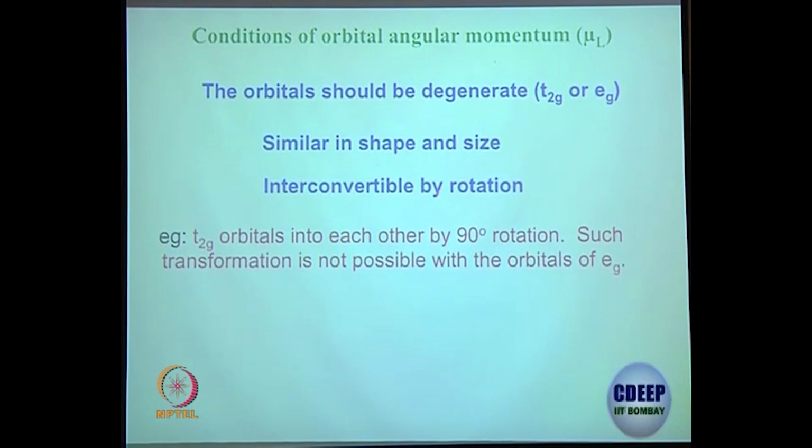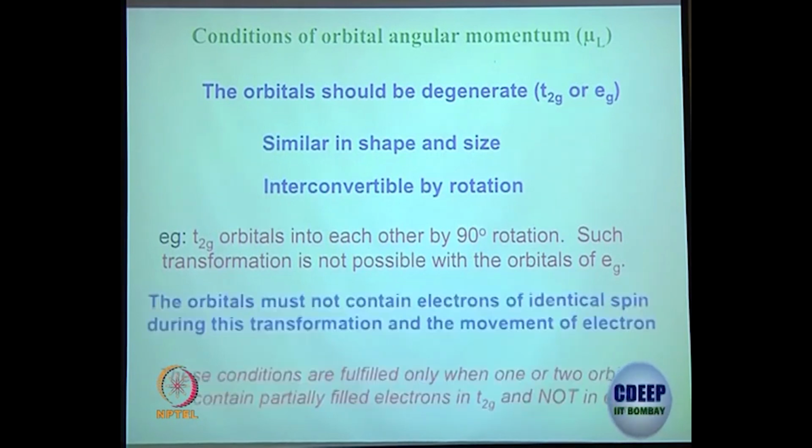Fair enough? So they should be similar in shape and size, dxy, dyz, dxz are the same shape and size, so they should be interconvertible, and the orbital must not contain electrons of identical spin. That's the criteria for getting some orbital angular momentum. Is it clear?